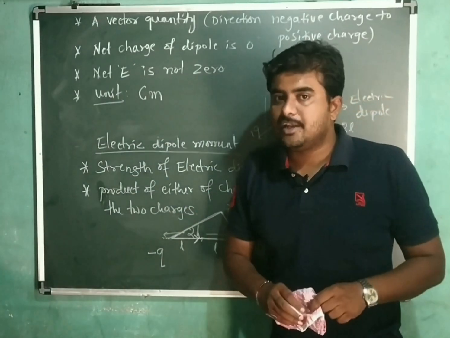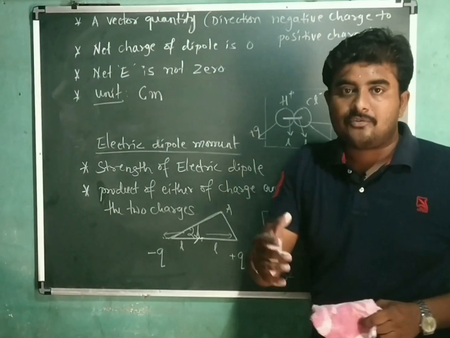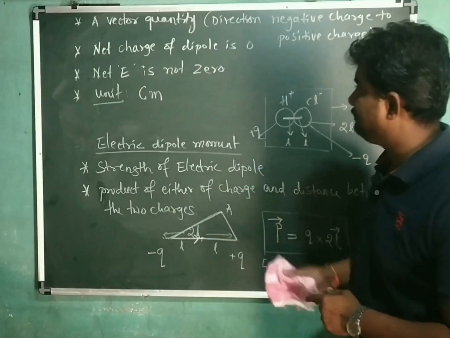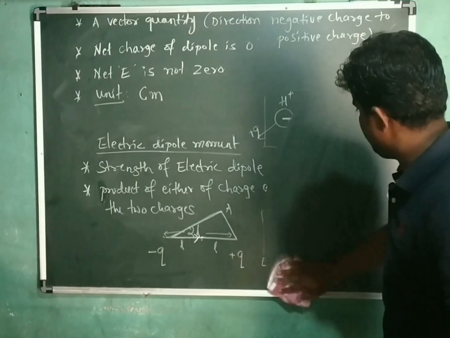Now we shall start the derivation. The electric field intensity at any point on axial line of dipole.